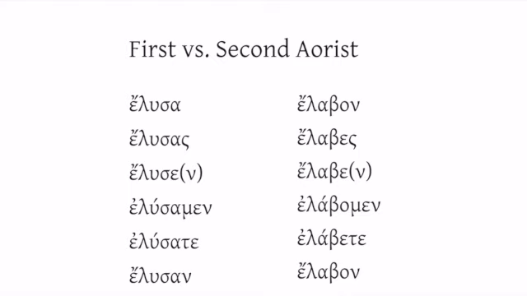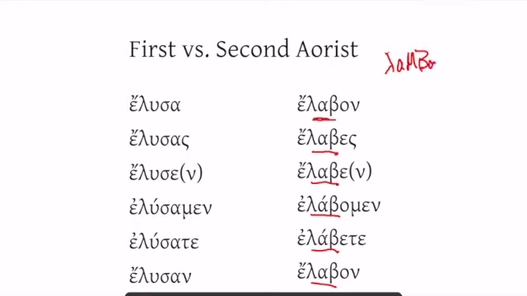Our second aorist are going to look very similar to our imperfect form, except we have the third principal part throughout instead of our first principal part. And so the lexical form for eleban, for example, is lambano. And so the imperfect form of lambano is going to be elamban.